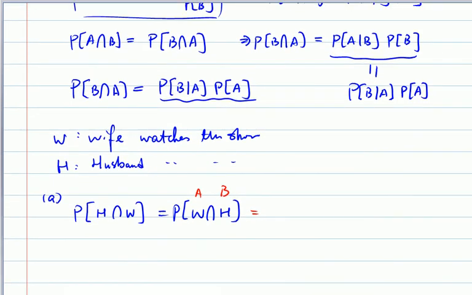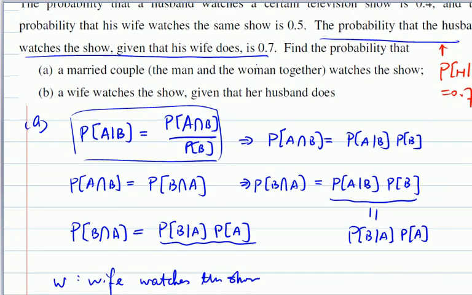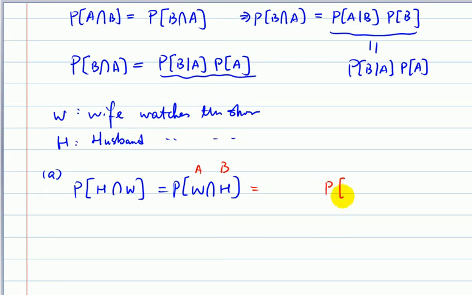That's basically P(H|W). You know that under the condition W, when the wife watches the show, the probability of the husband watching the show is 0.7.